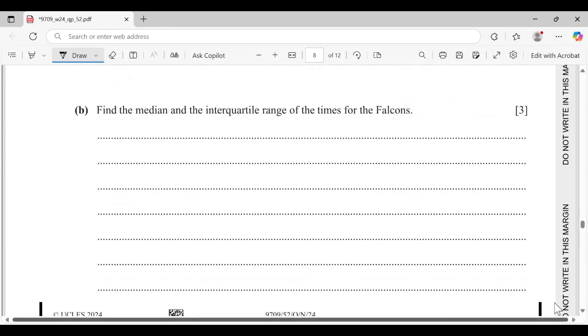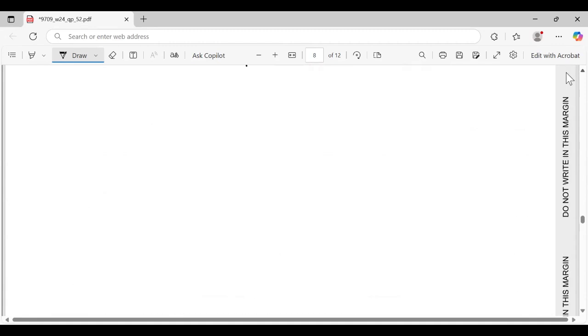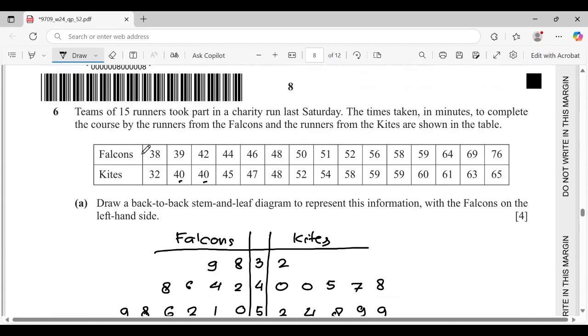Find the median and the interquartile range of the times for the Falcons. Right, so we need to find the median of Falcons. If you evaluate this data, 1, 2, 3, 4, 5, 6, 7, 8. Okay, 1, 2, 3, 4, 5, 6, 7.